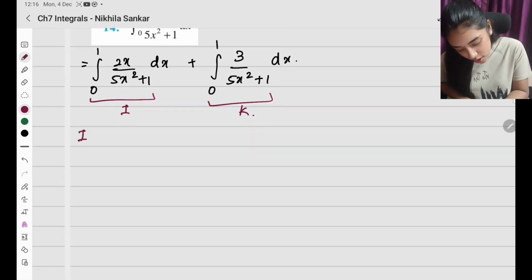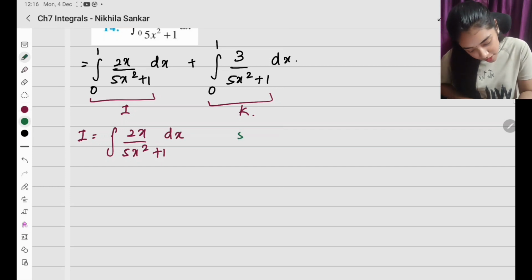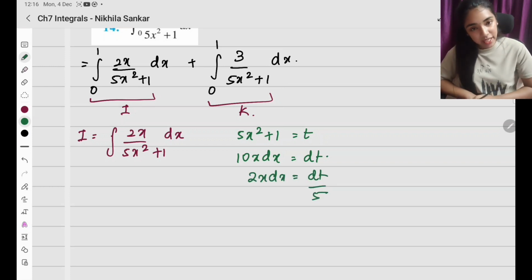Okay. So when I solve I, what do I have? Integral of 2x divided by 5x square plus 1 times dx. So by the substitution method, I have 5x square plus 1 equals t. 10x dx is going to be dt. I only need 2x dx, so I have 2x dx equals dt divided by 5, because 5 twos are 10.